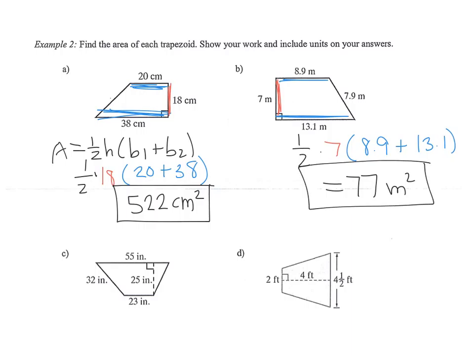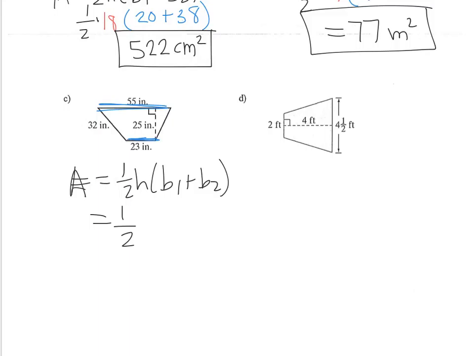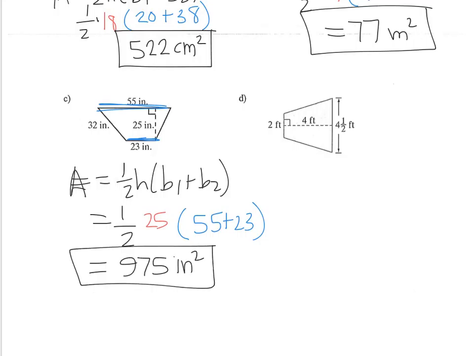And then down here, C, I'm going to do area equals 1/2 the height times B1 plus B2. Area equals 1/2. The bases are these segments. So I'm going to write that in, 55 plus 23, and my height is 25. So area is 975 inches squared.